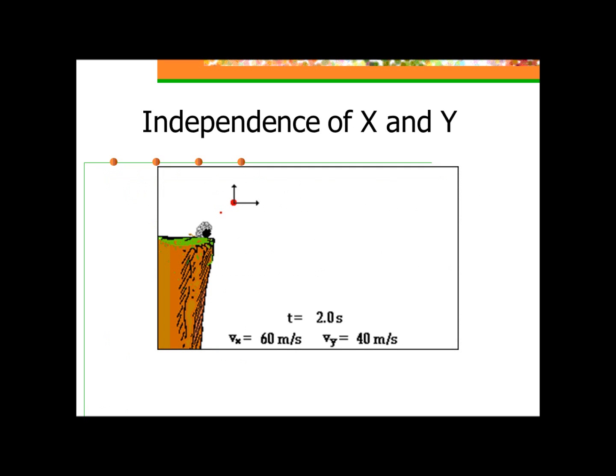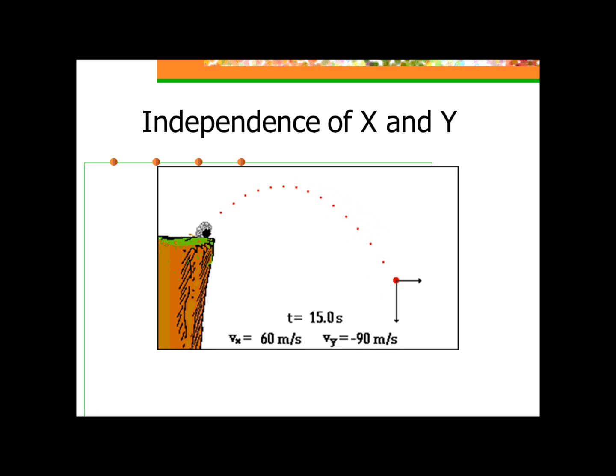And so here's another animation that helps to prove this point to you. We're going to start with the cannon, and first let's look at Vx. At every second, the Vx remains constant, including at the very top. So watch when it hits here. It's still 60.